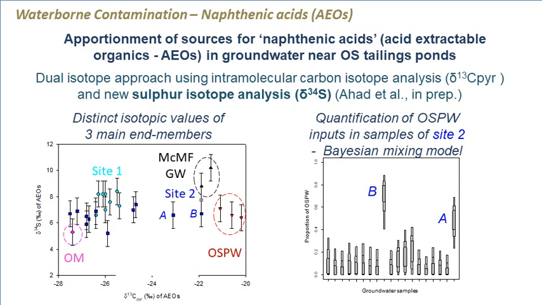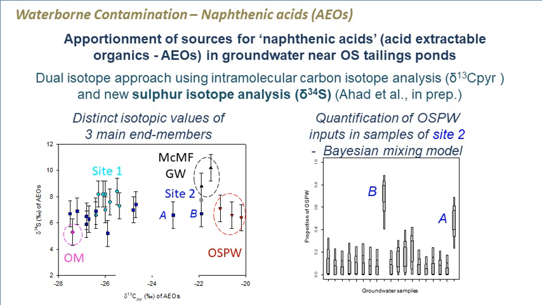Sulfur is the new indicator on that slide, really, because for the last few years we've been discussing the carbon isotopes as fingerprints. So you can see on the lower left the organic matter in the water of the Muskeg River, and the McMurray Formation on the upper right with AEOs in the groundwater. These are 2 natural types of sources. The OSPW is the really anthropogenic type of AEOs in the system.